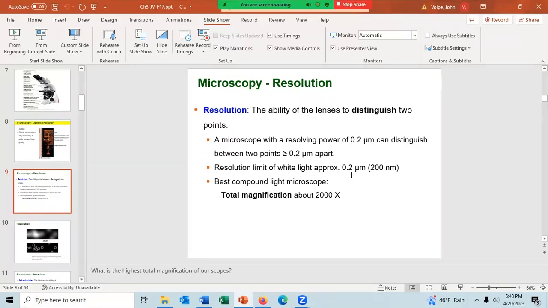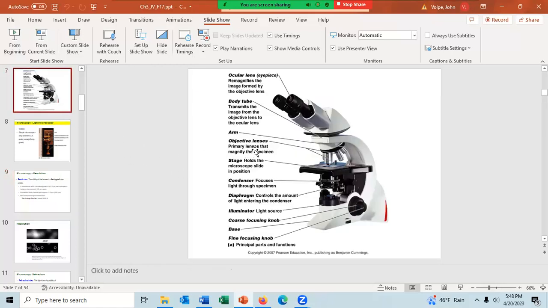The best compound microscope we have can magnify a specimen 2,000 times. Now, our microscopes in our lab only have an ocular lens of 10x and then an oil immersion lens of 100x.